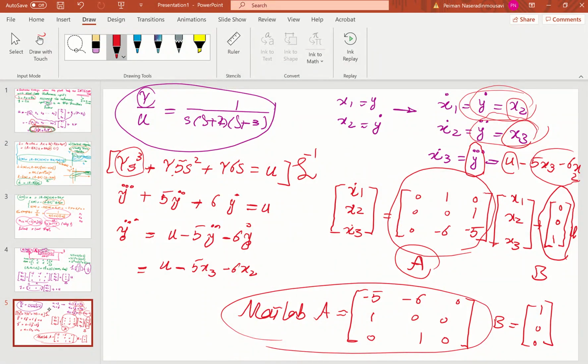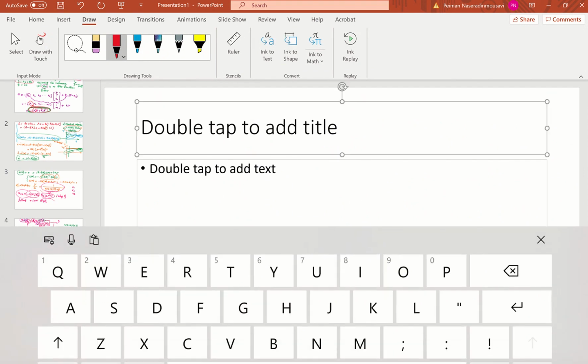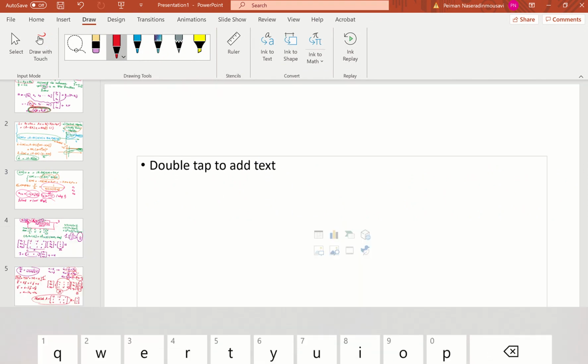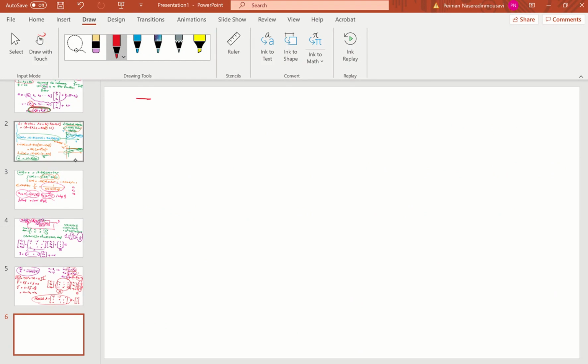Your boss says, I want these desirable poles, eigenvalues of the system. What are those? As I taught in the previous class, J is minus 2 plus j root 3, minus 2 minus j root 3, and at the end minus 10.